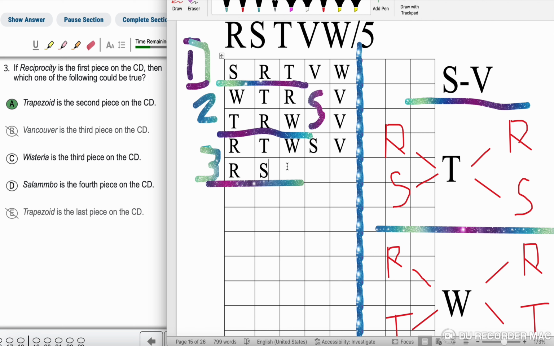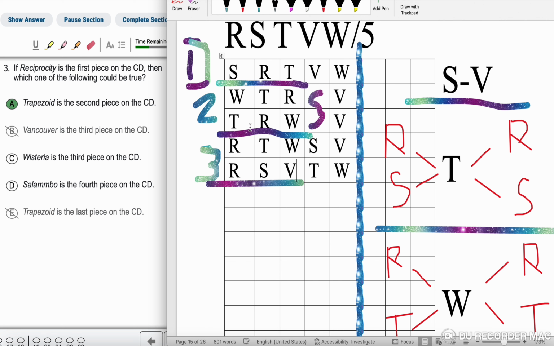Now I'm going to put T in this place right here, and then I'm going to make sure that the W is on the outside of R and S, and I'm going to put the letter V here just because V has to be after S, or S before V.